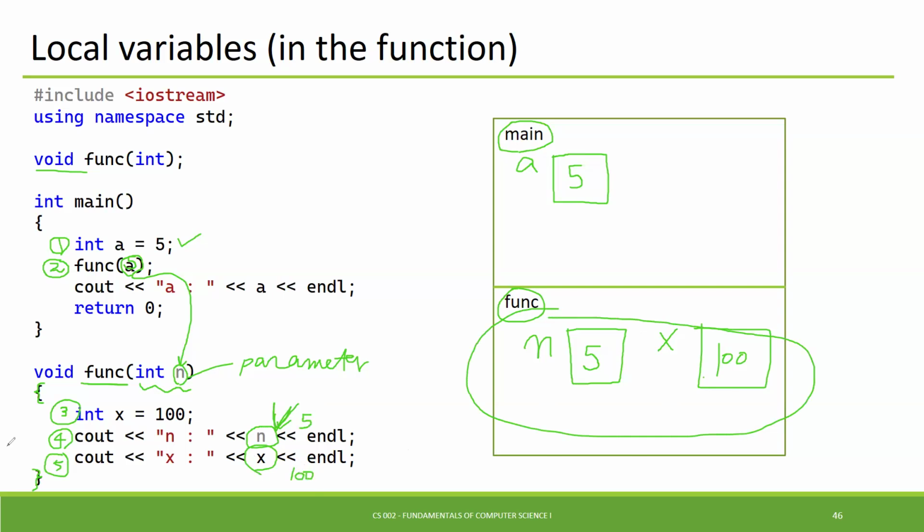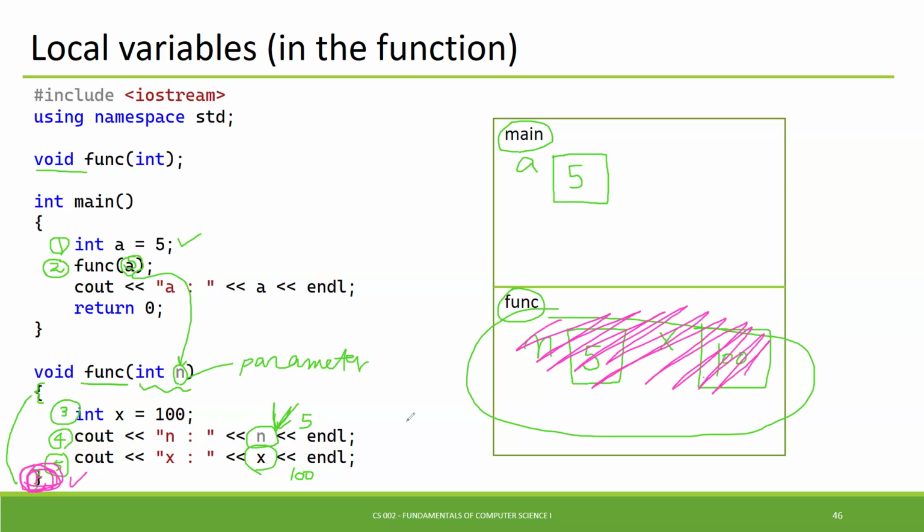And after the function ends, guys, be careful. This is important. This is the closing of the function, the ending of the function. At this moment, the computer will get rid of all the local variables that are created in the function.